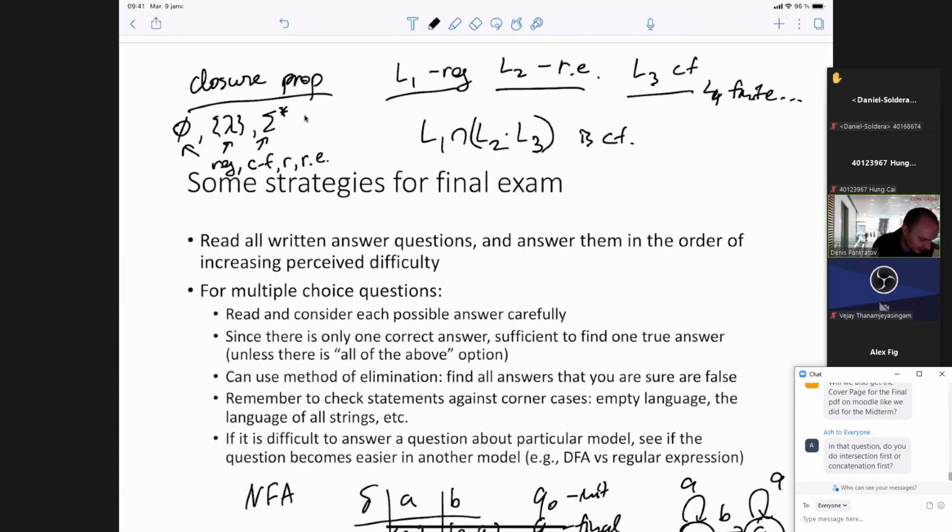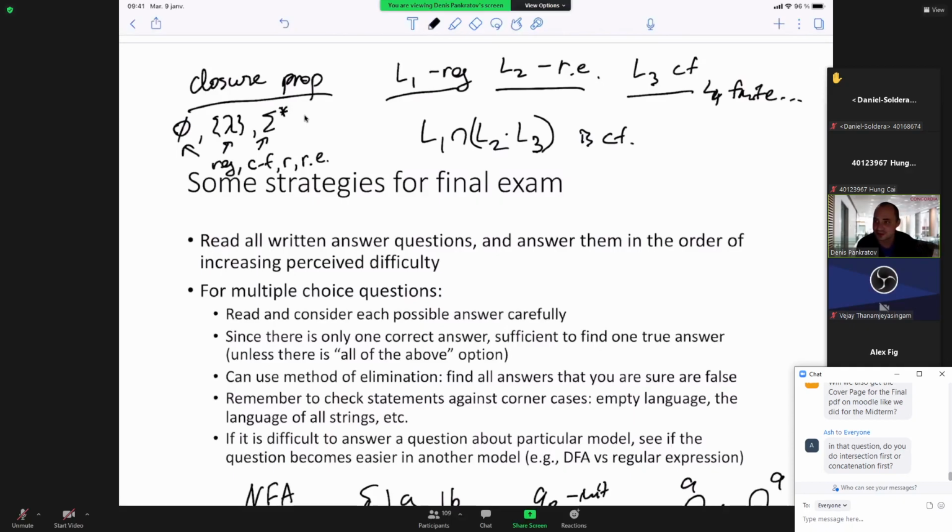So let's see if we can disprove this claim that just because L1 is regular, L2 is recursively enumerable, and L3 is context-free, the resulting intersection is context-free.